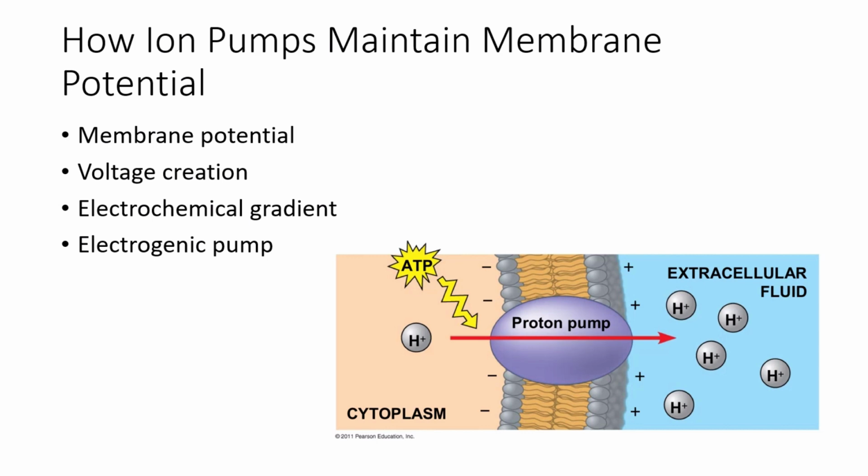The main electrogenic pump of plants, bacteria, and fungi is the proton pump. So proton pumps for bacteria, plants, and fungi, and for us in animal cells, we have the sodium-potassium pump.